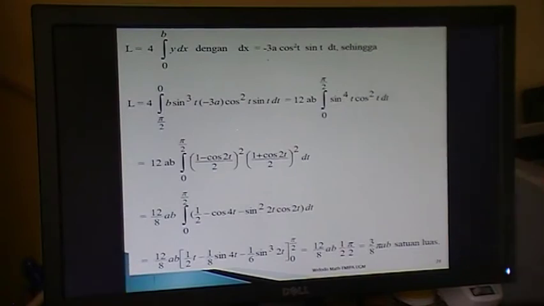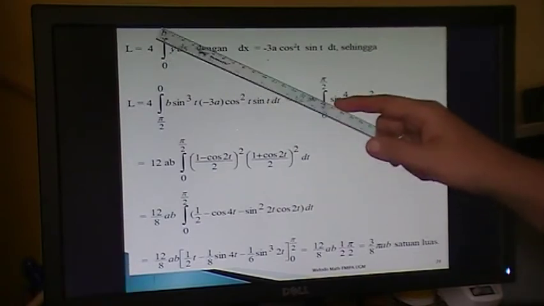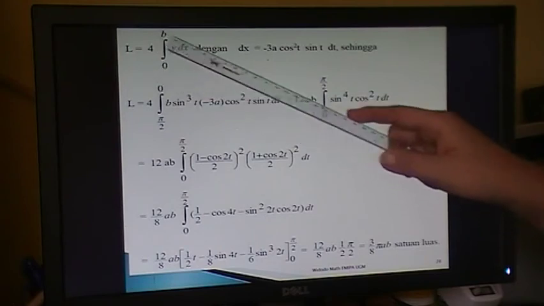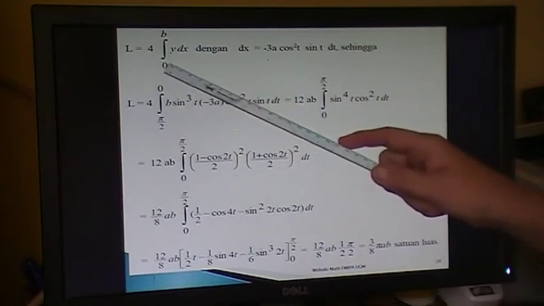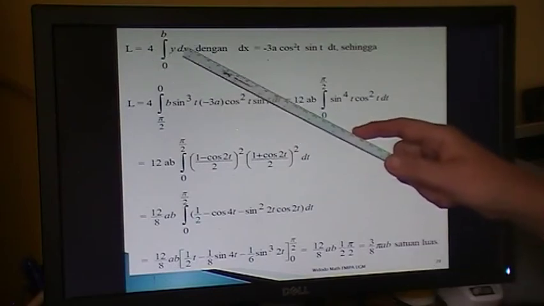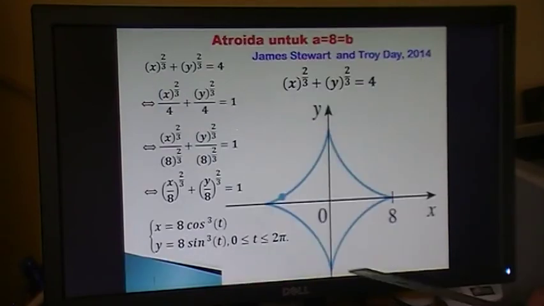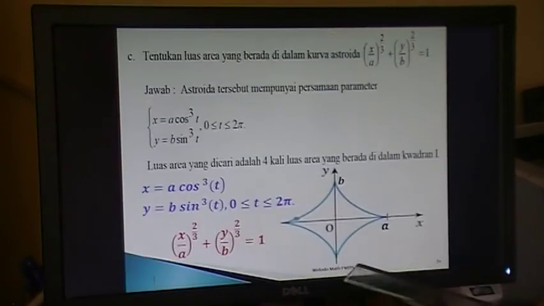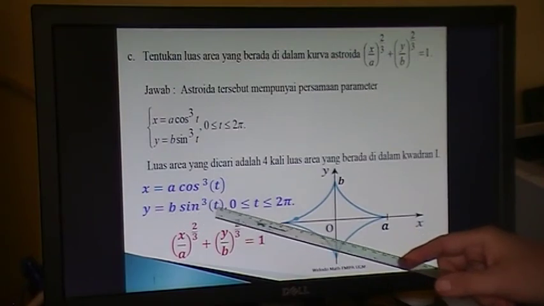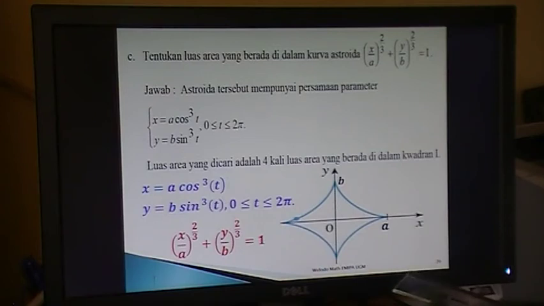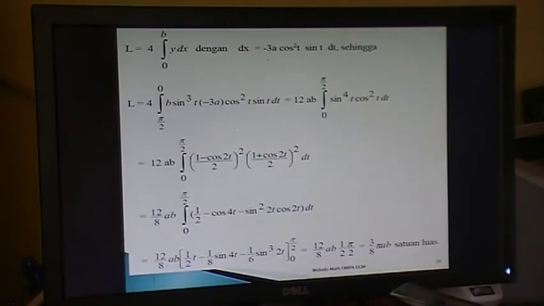So altogether, the area is 4 times the area in the first quadrant. Here, in the integral of y dx, because y is equal to b sin t to the power of 3, then dy and dx can be substituted.